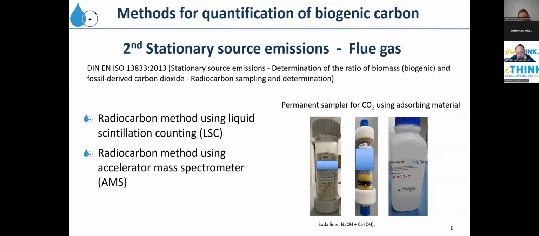Second, or more important, is the standard for the analysis of the flue gas. Both radiocarbon methods, liquid scintillation counting and accelerator mass spectrometry, can be used to analyze the continuously sampled CO2 from the combustion oven.